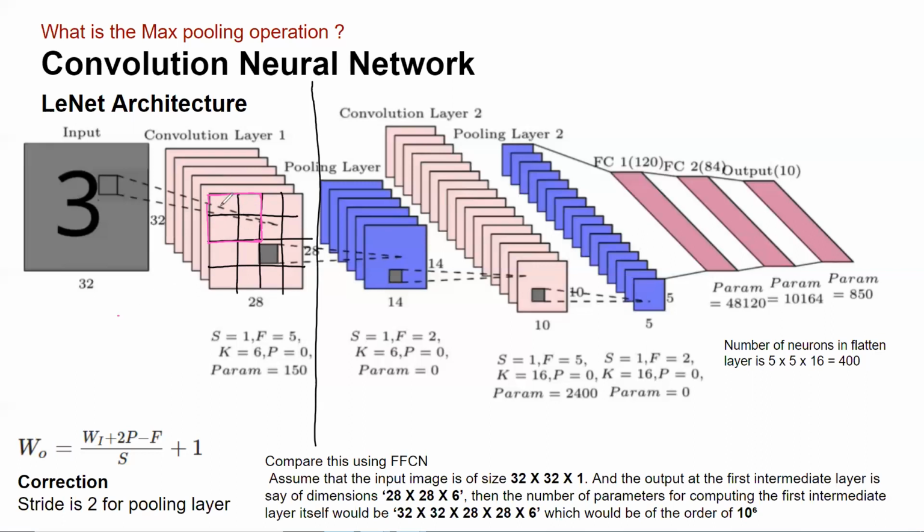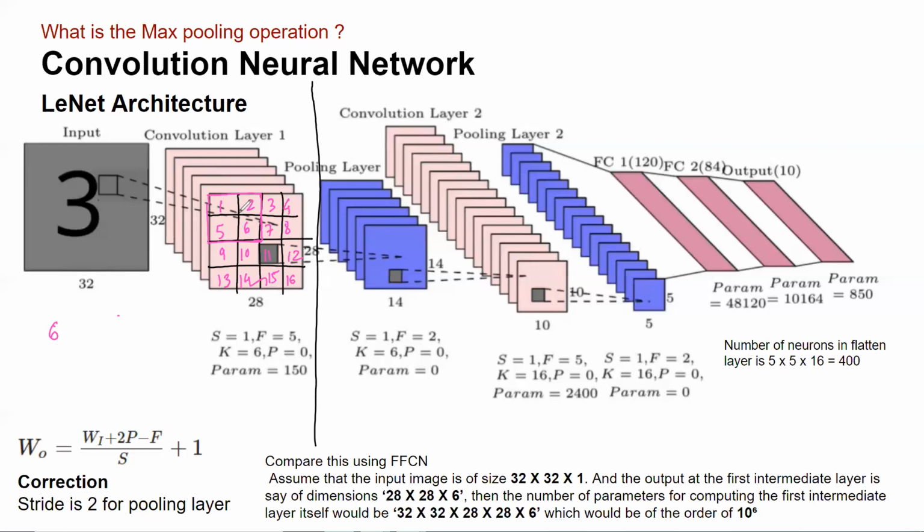Here let's say 1 2 3 4 5 6 7 8 9 10 11 15 16. This is 6. I took this box. What is the highest value? 6. So I extracted 6 out of it.